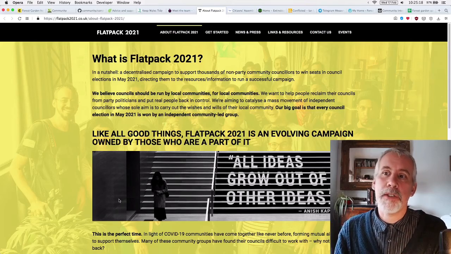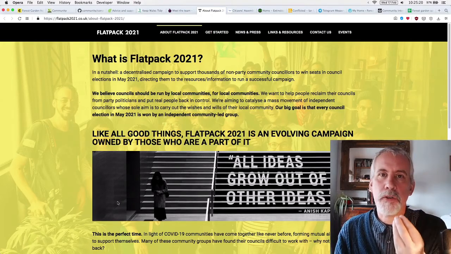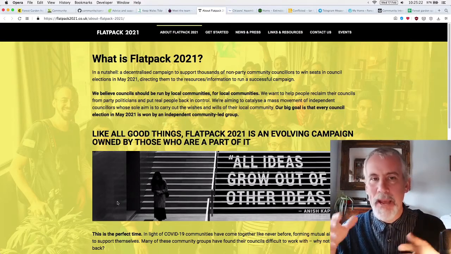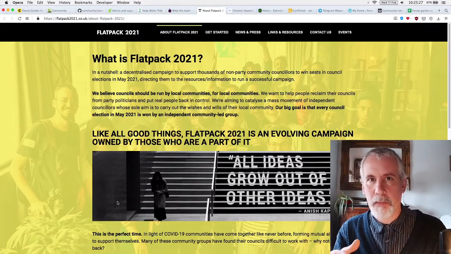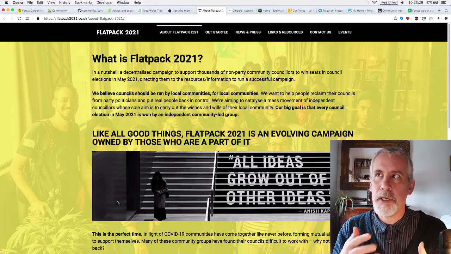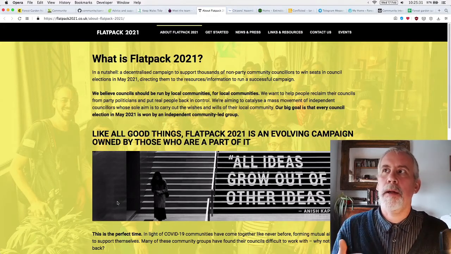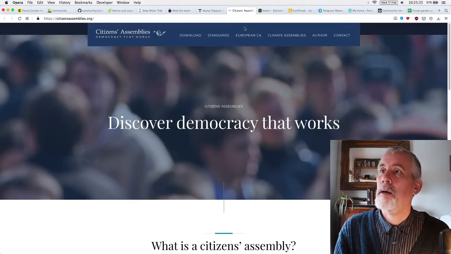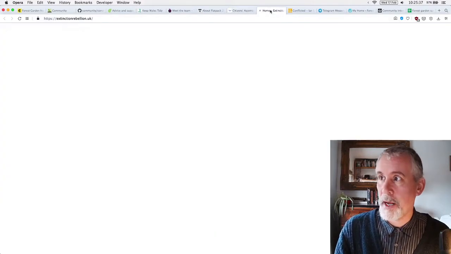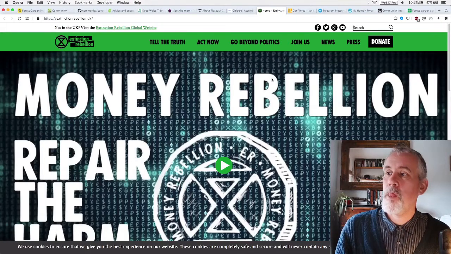It's a very interesting approach, a very interesting tool, because you can actually make a big difference locally and get a change going in how people think about climate change and how people think about resilience in a local society. The other one is citizens' assemblies as well, which are recommended by Extinction Rebellion.